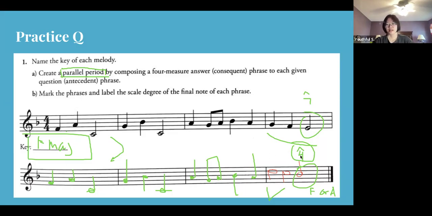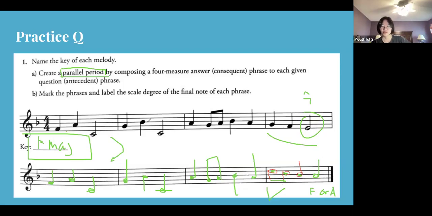So you can just fix this really easily. Just add another note. So for example, here. Then you can go do do do do, like that. And that would be a finished phrase.